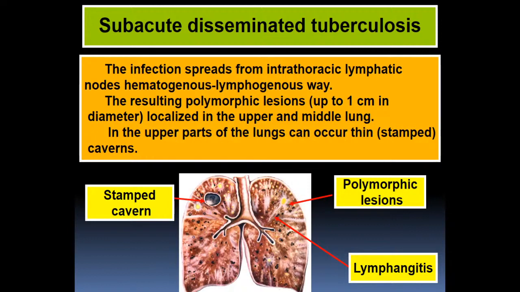That's why a mixed way of spreading is more typical. They result in polymorphic lesions up to 1 centimeter in diameter, localized previously in the upper and middle parts of the lungs.